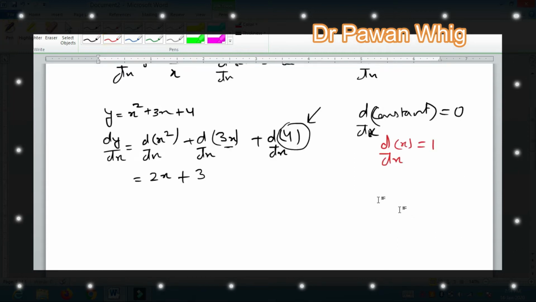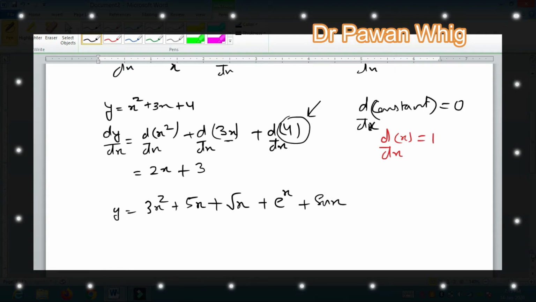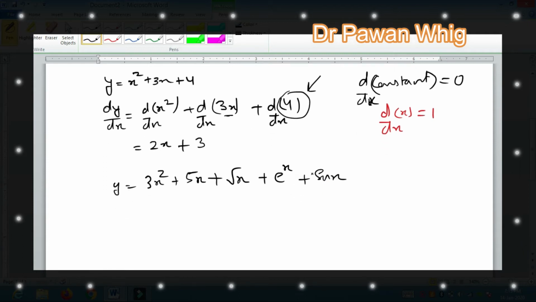Now let us do one more question very quickly. Let us suppose this is 3x square plus 5x plus root x plus e raised to x plus sin x, and we have to differentiate all of them, and we'll make it a bit complicated. Let us suppose this is 6 sin x. Now very simple, when we have to do the differentiation, once we are expert, we need not write d by dx with each and every term.